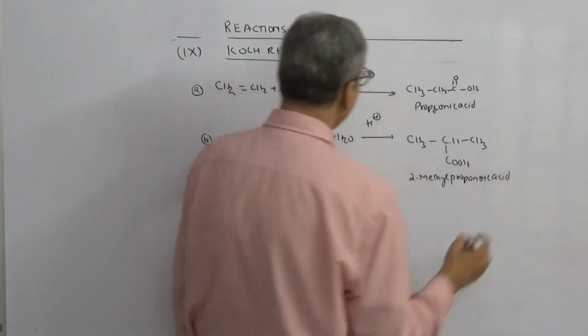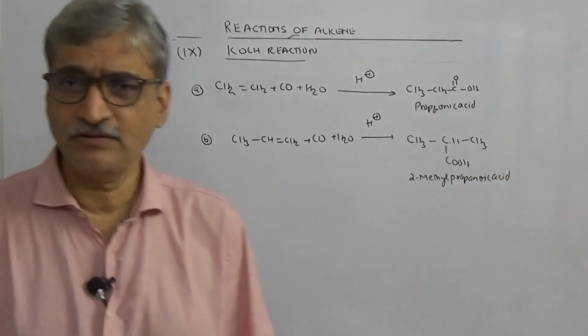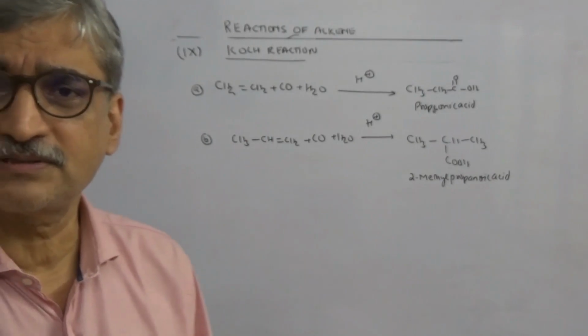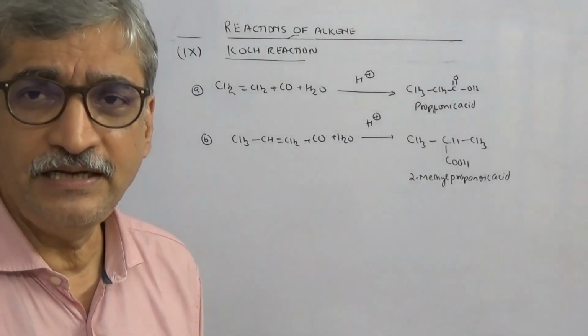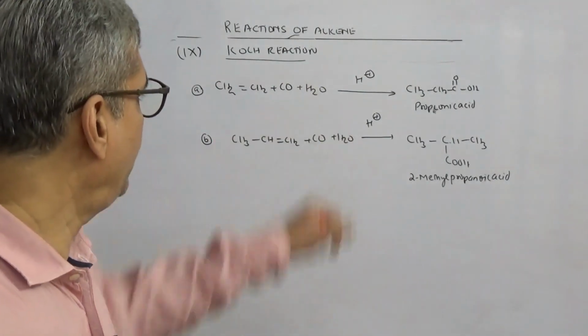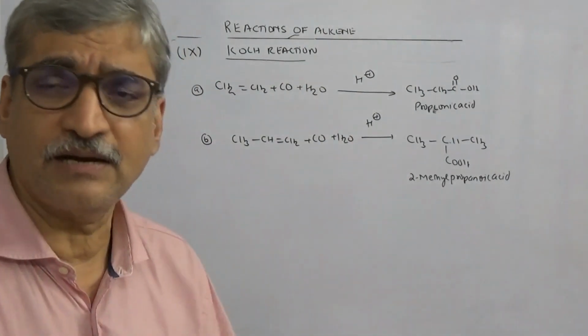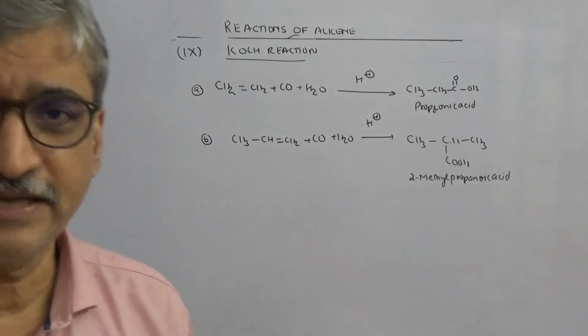So there is a slight change in the reaction. If you use hydrogen and cobalt as catalyst with carbon monoxide, that is hydroformylation and you will get an aldehyde group directly, and in the Koch reaction you will get a carboxyl group directly. It's a very interesting reaction.